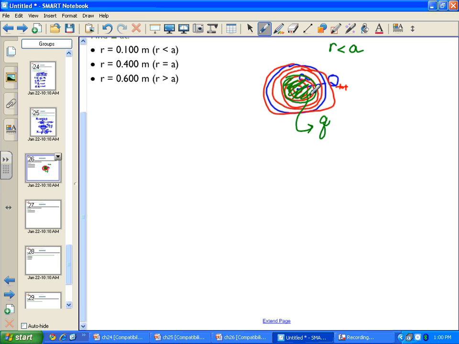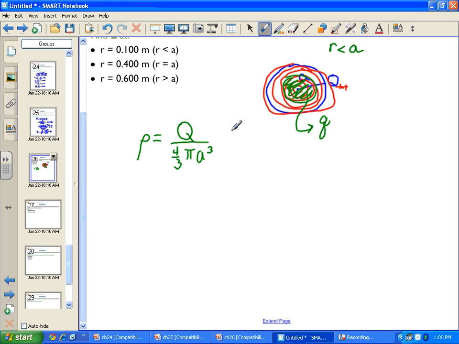So how do we determine what the charge is? Well, we make use of a piece of information that was given to us earlier. They told us that the charge was uniformly distributed. And what that means is that the ratio of the total charge over the total volume is constant.